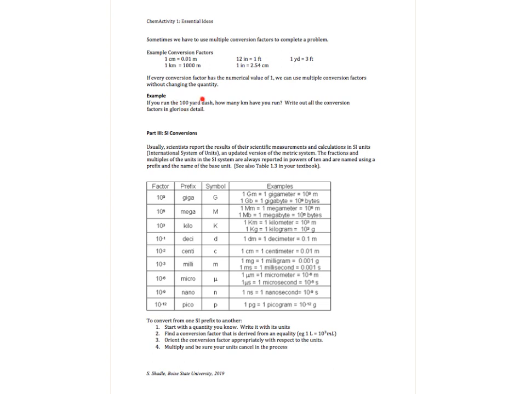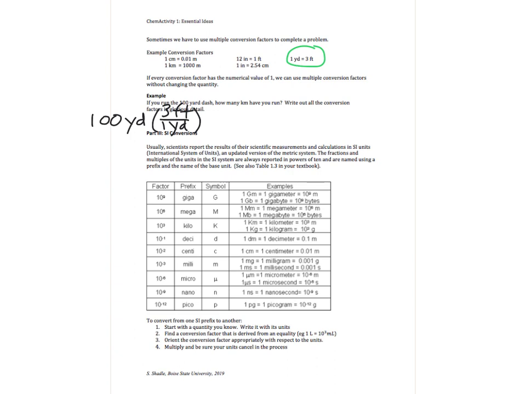And so we've got to start with our 100 yards, just like we have before. And I've created space for a conversion factor. Since we have yards, we're going to need to do something to get rid of the yards and go to some other unit. So I'm going to use that 1 yard equals 3 feet. So I'm going to put 1 yard, 3 feet.